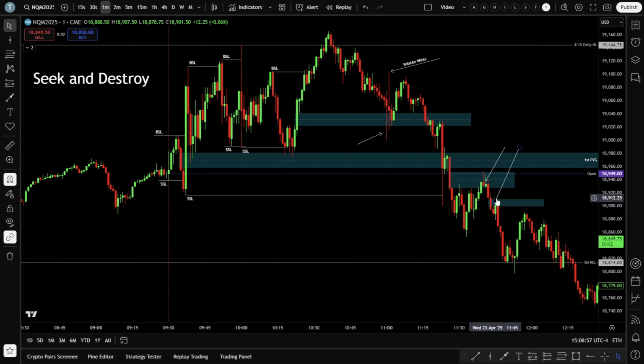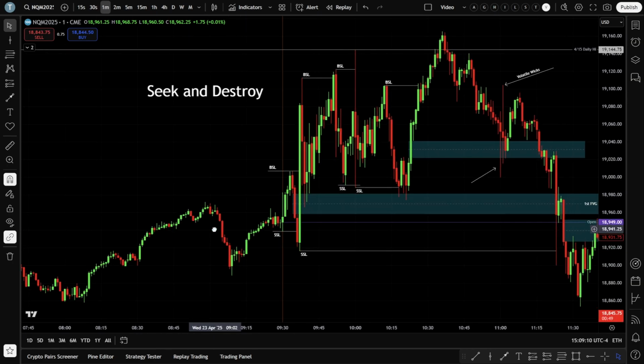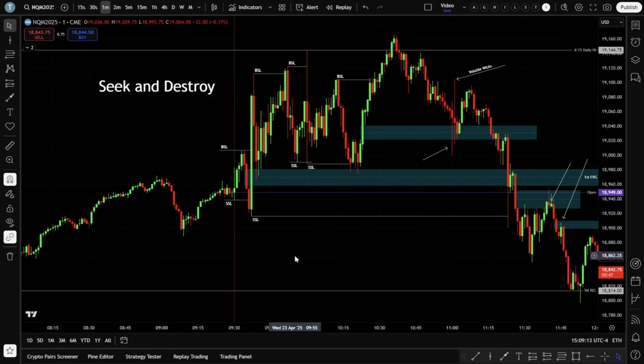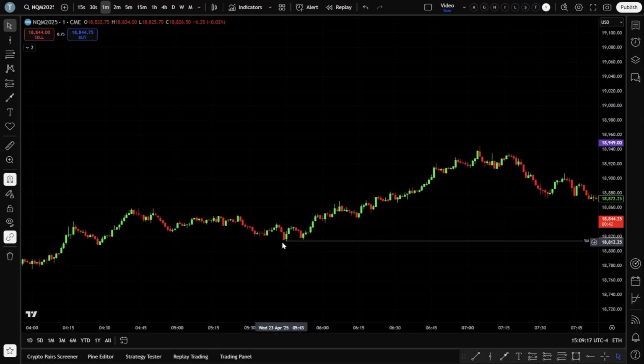And the price comes up into it. We're respecting the fair value gap. And we drop again. And this could be your target right here. 5-minute relative equal lows. Or you can see on the 1-minute chart as well, these relative equal lows from 5:45 this morning.